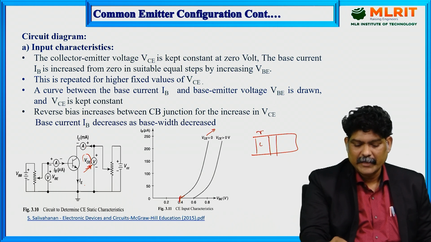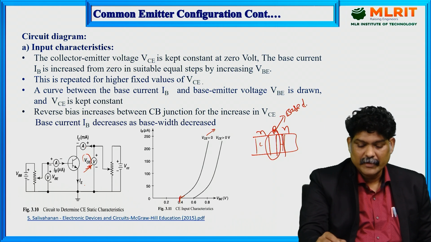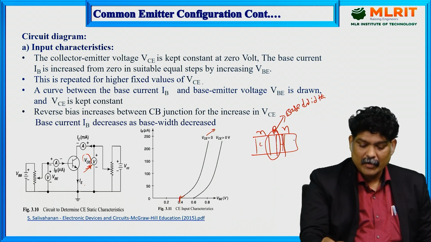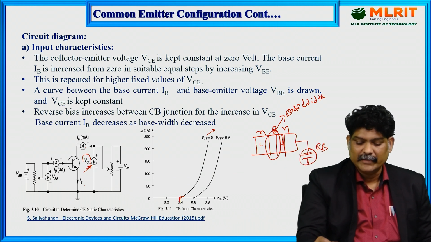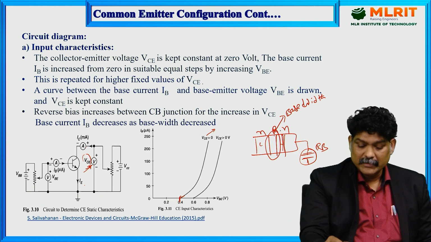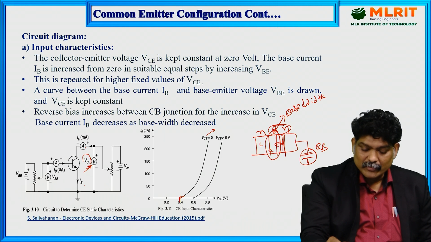Let us say NPN. This is the actual base width, and now we are increasing this reverse bias voltage. That means the depletion region between this PN junction increases.